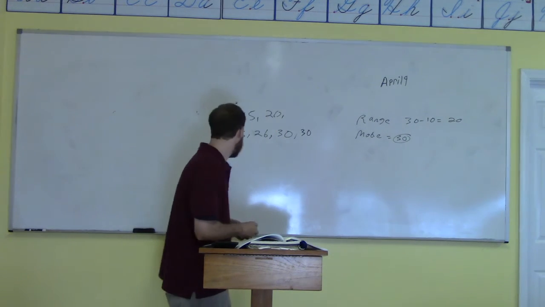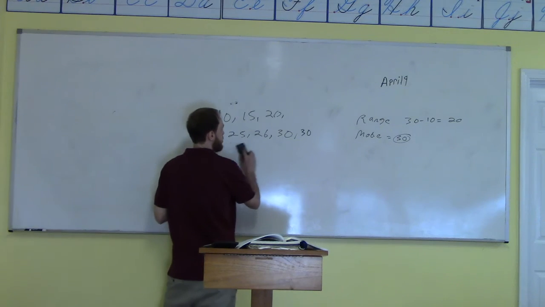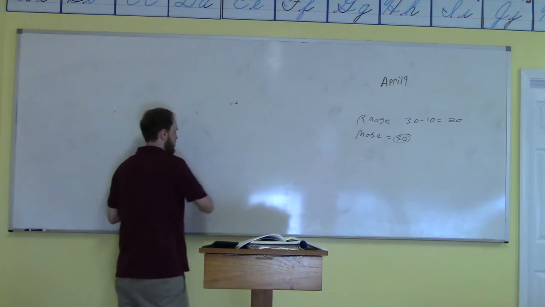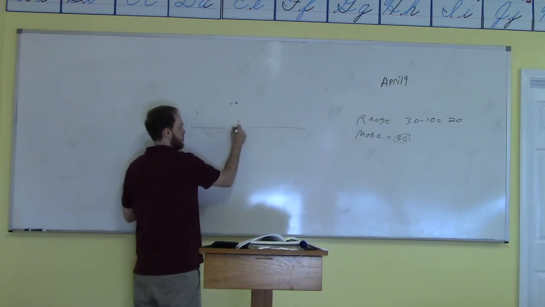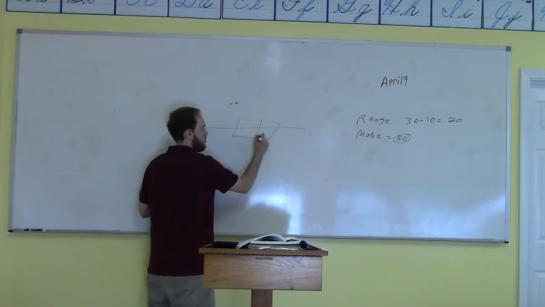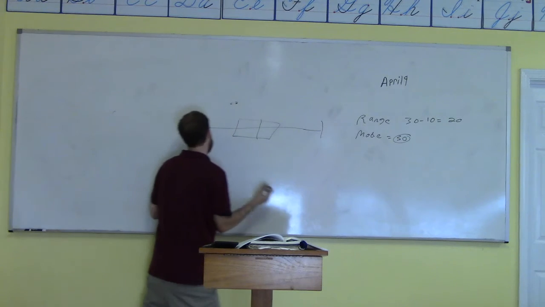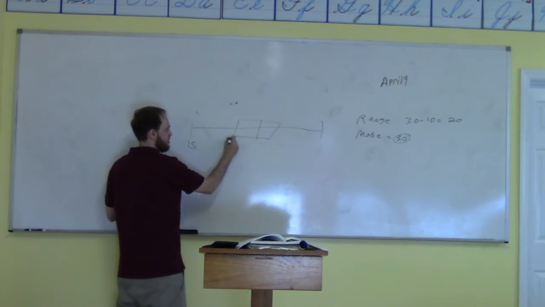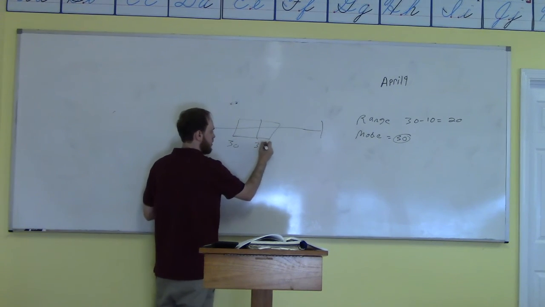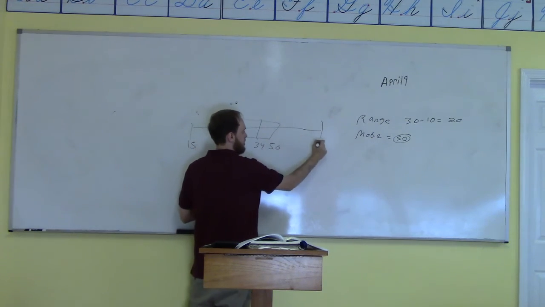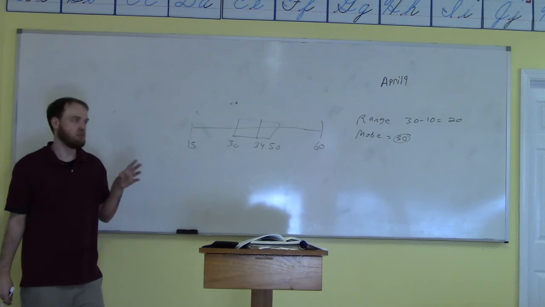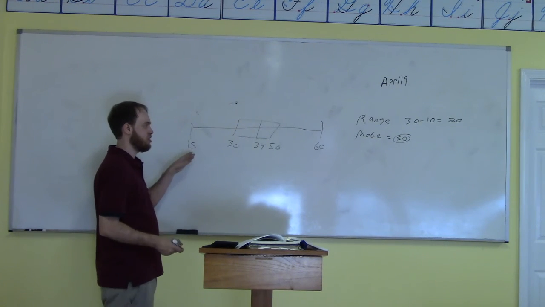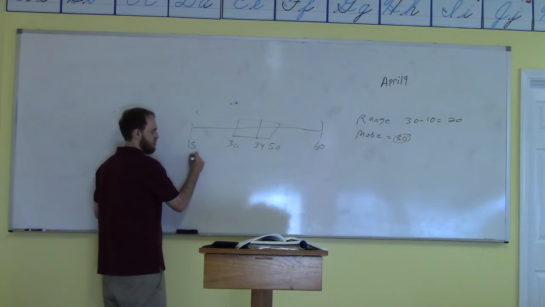Remember box and whisker plots. If they give you the information on a box and whisker plot, they give it to you something like this, and they say this is 15, this is 30, this is 34, this is 50, and then they say this is 60. Then to get the 5-number summary from it, you look at these points. The 5-number summary, this 15 represents the minimum.